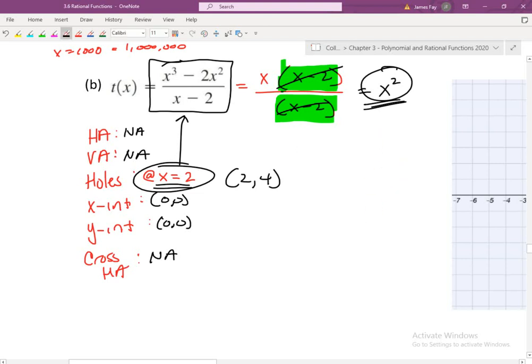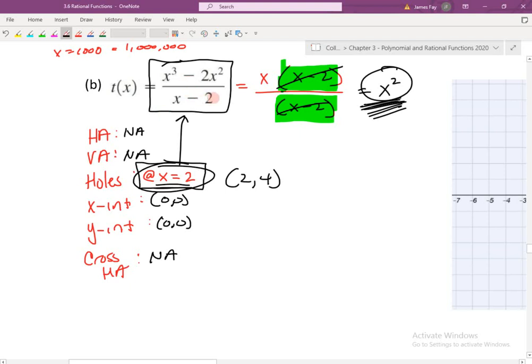So in regards to finding the actual location of the hole, you take the x value that the hole existed at, and you plug that into the simplified, reduced version, and that will tell you the y value. The reason I can't plug it back into the original is I would get 0 over 0, which is undefined, right?